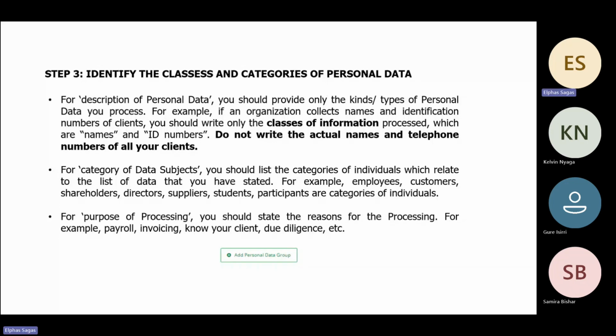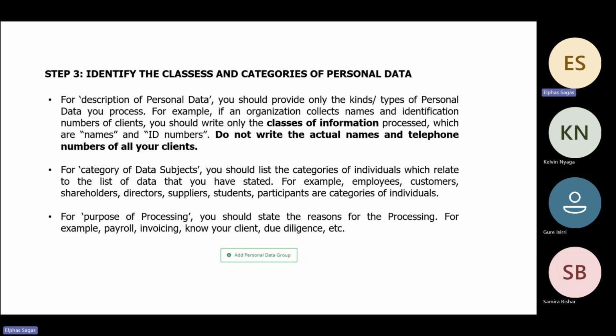Then under the purpose section, that is where you write all the lawful basis you're relying on. You separate it with a comma. So you have to look into your category section, into your description section, and group them accordingly. If you need a name, ID number, phone number for purposes of onboarding new employees, then under the purpose section, you just write for onboarding new employees.